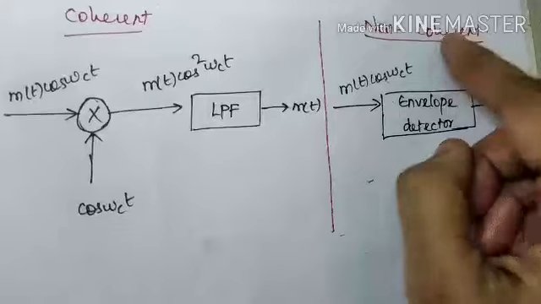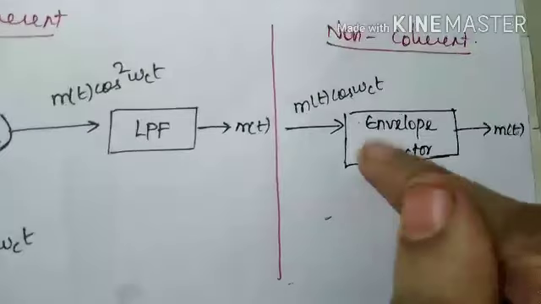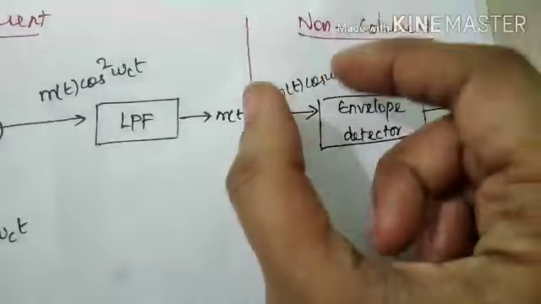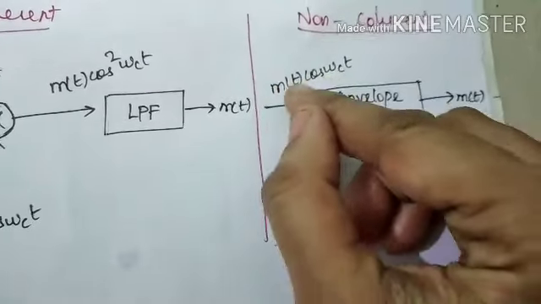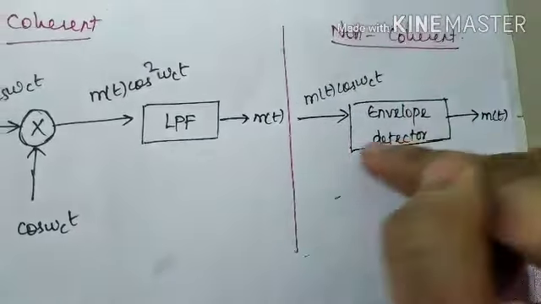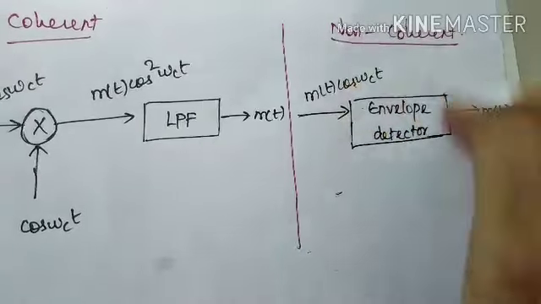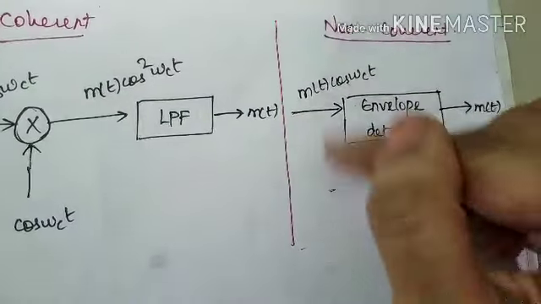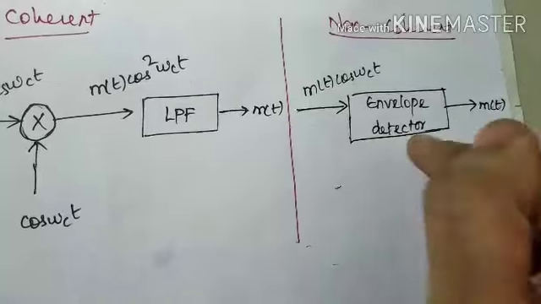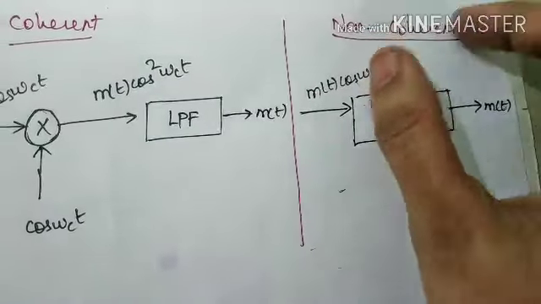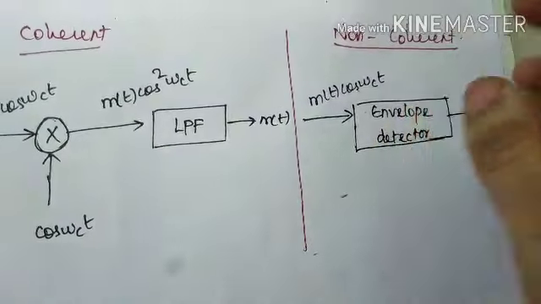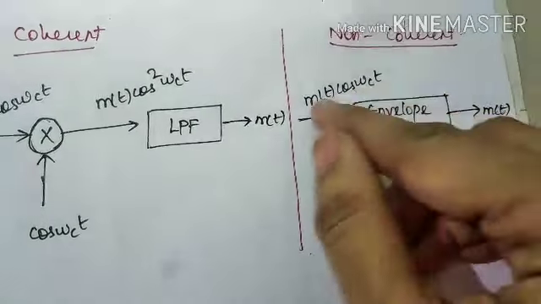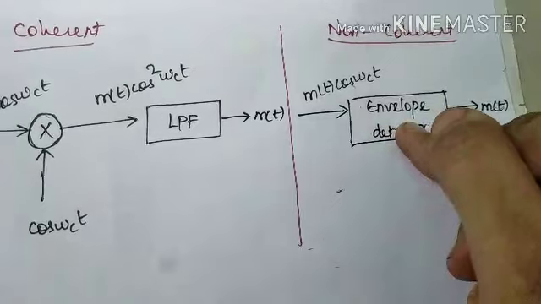Then the non-coherent detector. This is the block diagram of the non-coherent detector. This is our transmitted or modulated signal, m of t cos omega ct, which enters the envelope detector. In our next session we will see clearly what the envelope detector is. In the non-coherent detector we simply apply the modulated signal to the envelope detector.